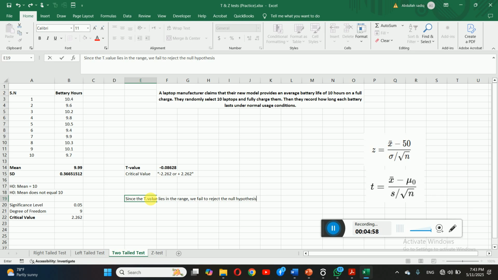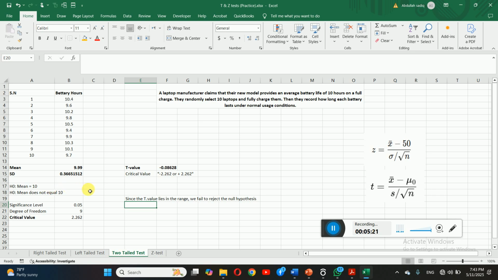Why? Because the t value is neither less than minus 2.262 in the left extreme nor bigger than 2.262 in the right tail. It is in between, in the 95% confidence interval area. So that's why we fail to reject the null hypothesis.